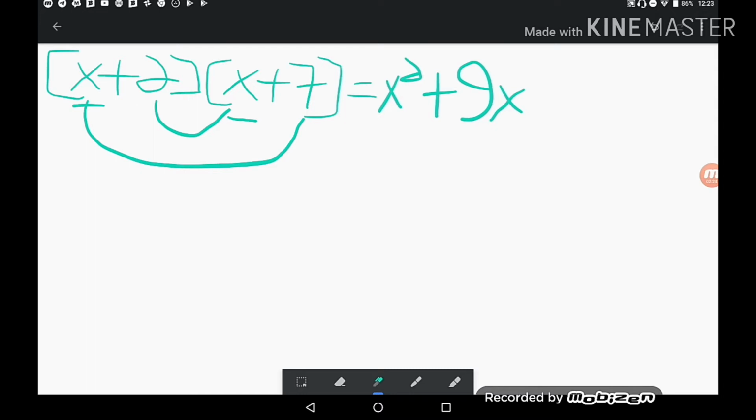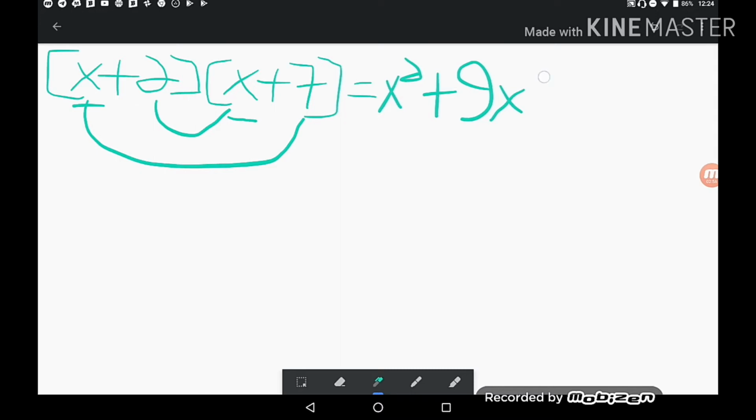2x is the inside term, which means I multiply the last term in the first set of parentheses, which is 7, by the first term in the second set of parentheses farthest to the left, which is the 2. And now the final step would be the last term, to multiply the last two terms in each set of parentheses farthest to the right.